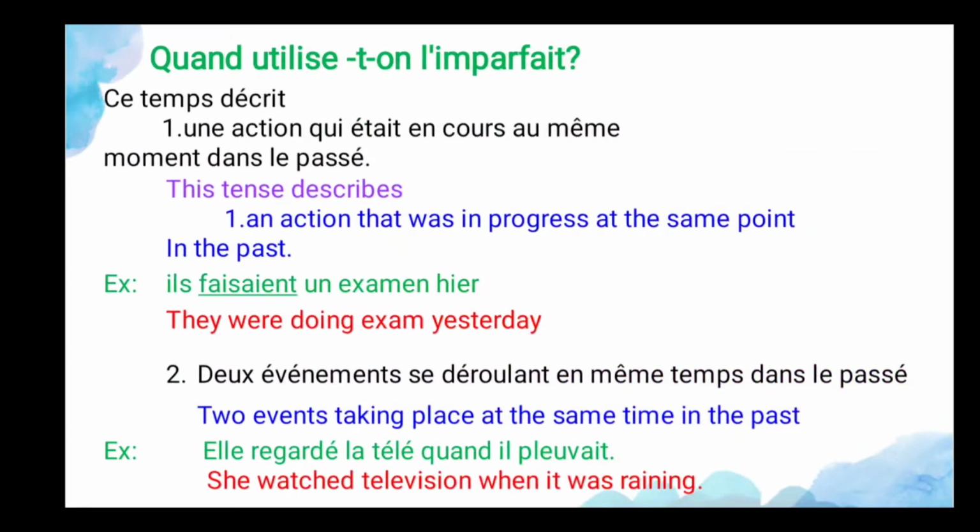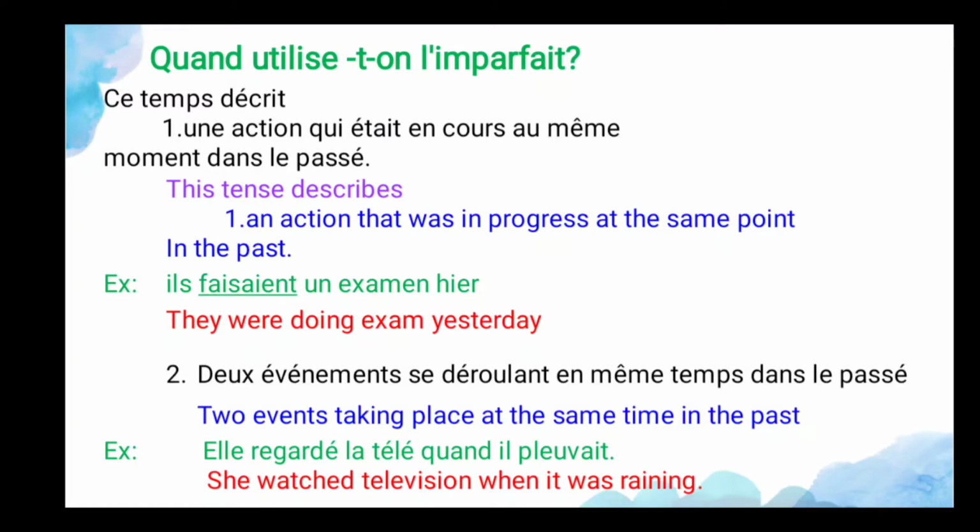So quand utilise-t-on l'imparfait? So when do you use the imperfect tense? See the first one. C'est pour décrire une action qui était en cours au même moment dans le passé. So an action that was in progress at the same point in the past.